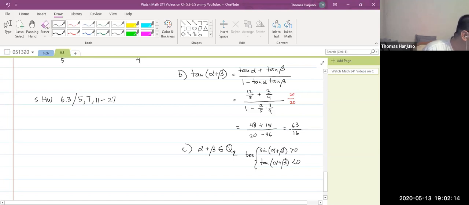It will be nice if you can do number 29 to number 43. Just do every other odd there. You don't need to memorize them, but that's basically applying the formula. And then for the proofing, number 41 to number 49.